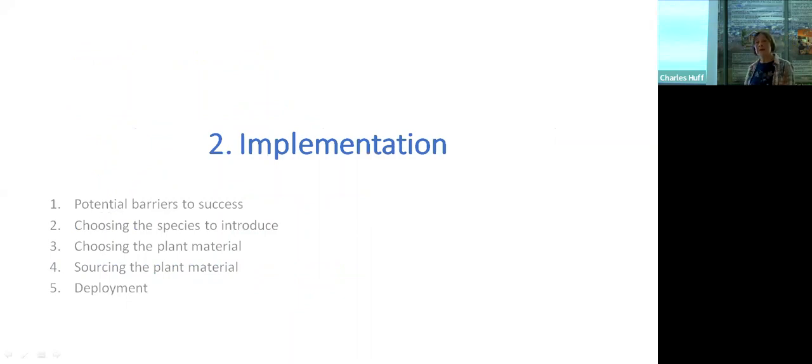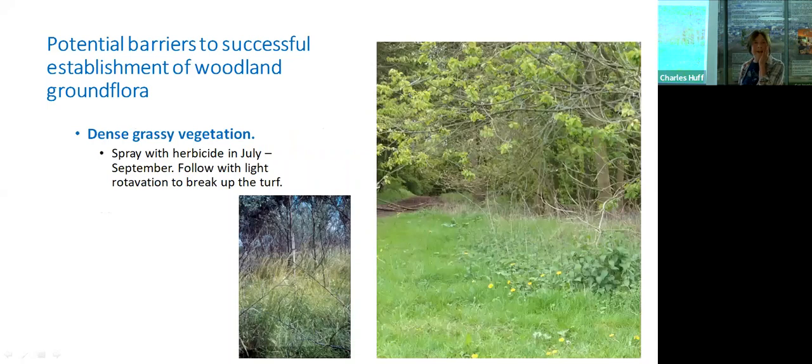Right, so on to implementation. We're going to get going. You've done all your preliminaries, you've decided what you've got and what you're dealing with, what you're going to do. Let's deal with any potential barriers to success, because you want to do the best you can. Dense grassy vegetation, which clearly you haven't got at the moment, is definitely an issue.